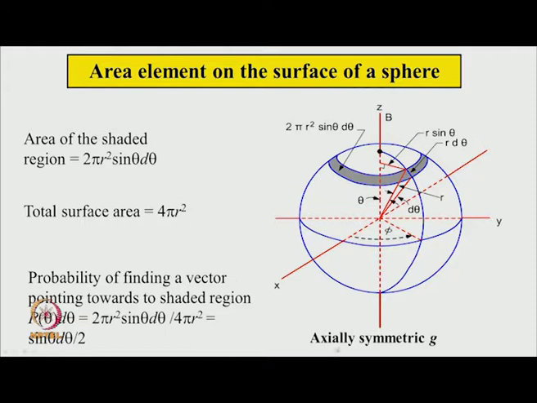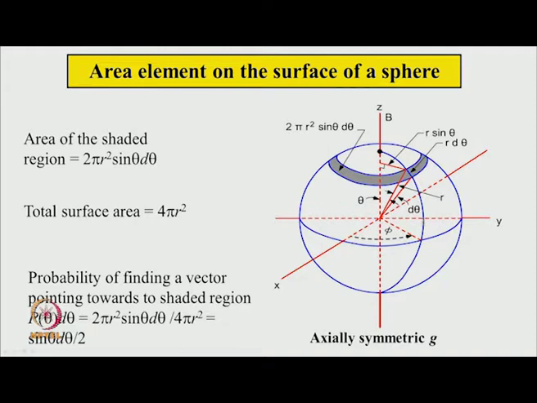Here, let us say the case of axially symmetric G. We have to find out how many molecules will point to this direction given by r, theta and phi, where r remains constant and theta changes from theta to theta plus d theta, and since it is axially symmetric, G does not depend on phi.